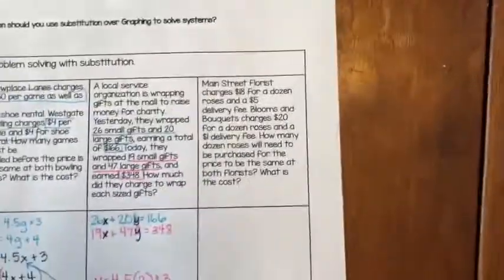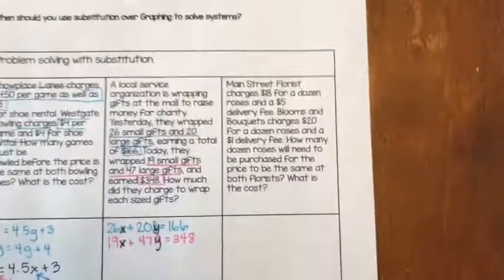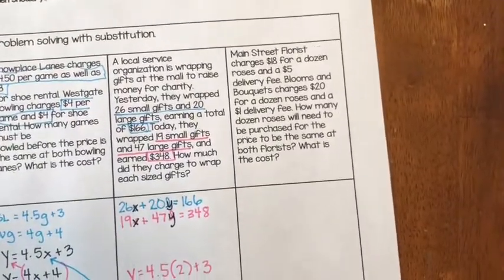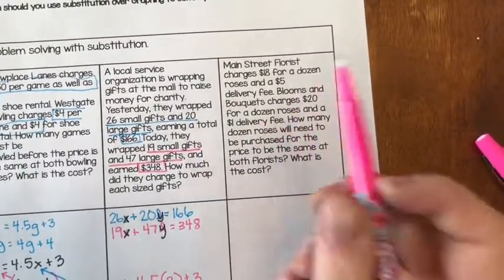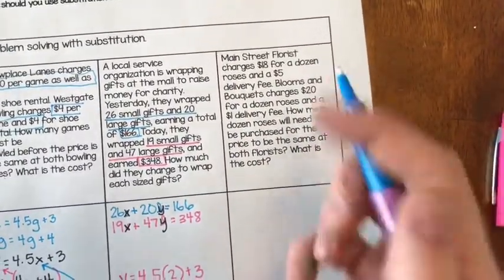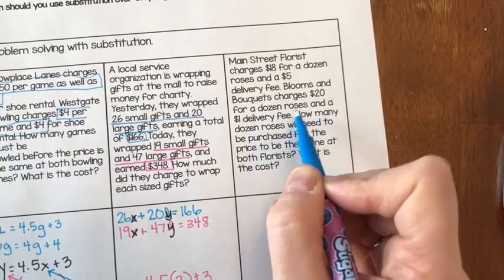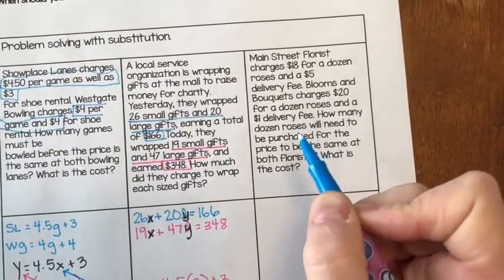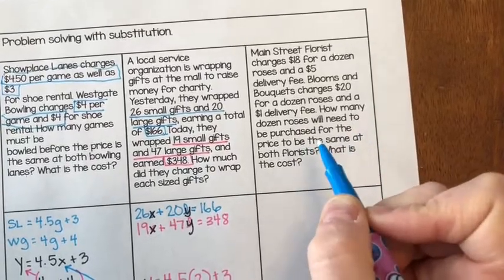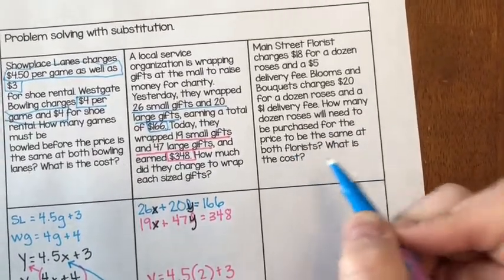Up on this one, Main Street Florist charges $18 for a dozen roses and a $5 delivery fee. Blooms and Bouquets charges $20 for a dozen roses and a $1 delivery fee. How many dozen roses will need to be purchased for this price to be the same, and what is the cost?